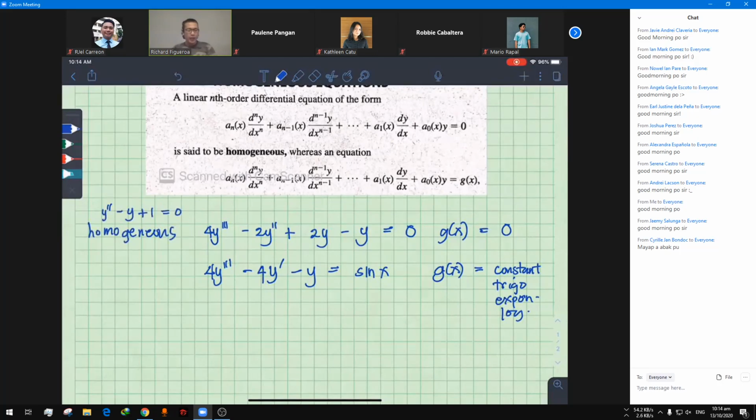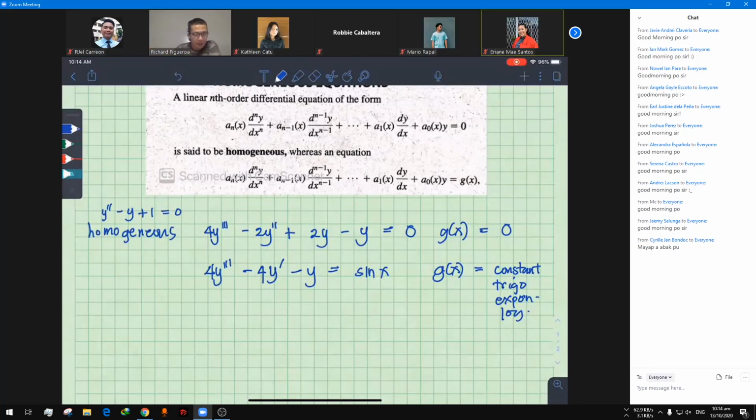This one is non-homogeneous because of the presence of the positive 1. So our g of x there is equivalent to a negative 1 if I transpose to the right-hand side. So that is how to distinguish whether that is a homogeneous or a non-homogeneous differential equation.